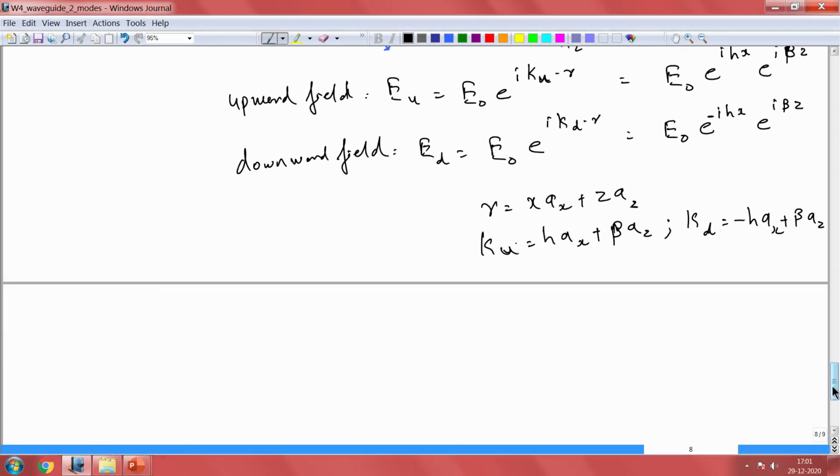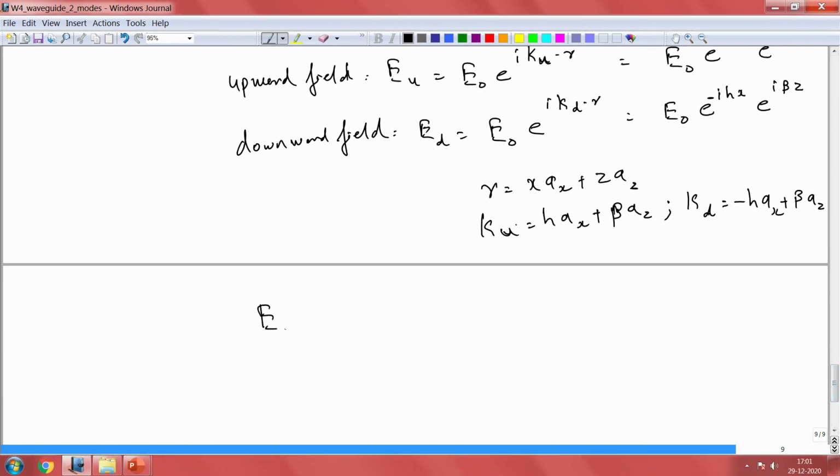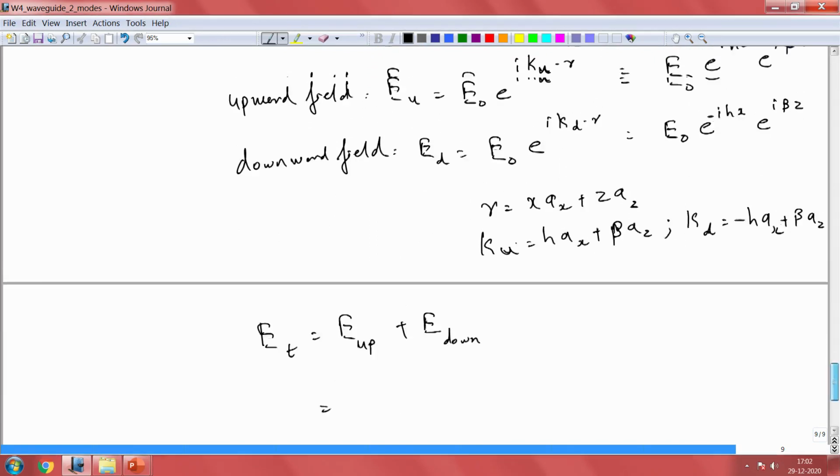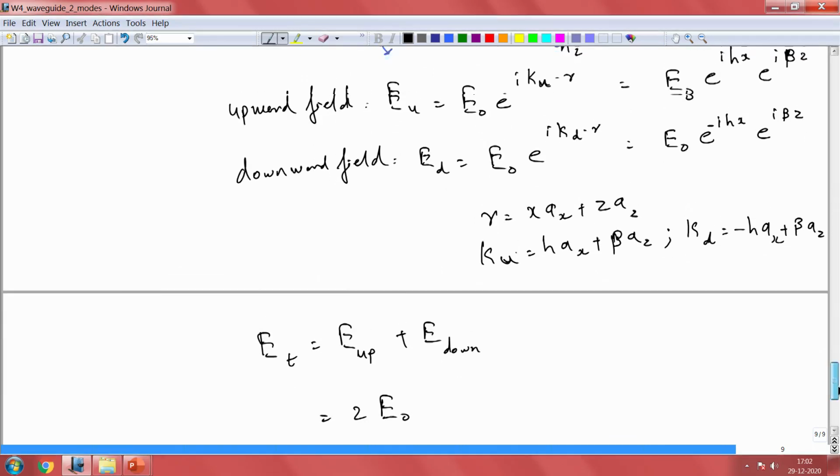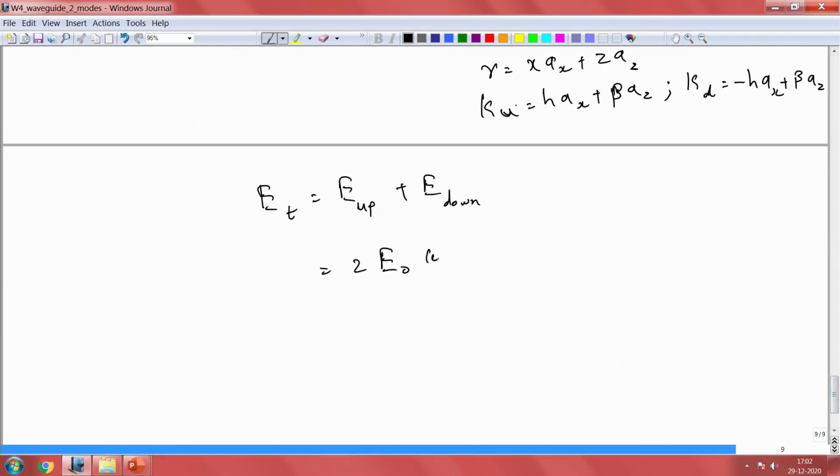So, the total field, right. E total is nothing but E up plus E down. If you add whatever we had, we will end up with 2 E naught cos h x e to the power i beta z. So, this is what you get.